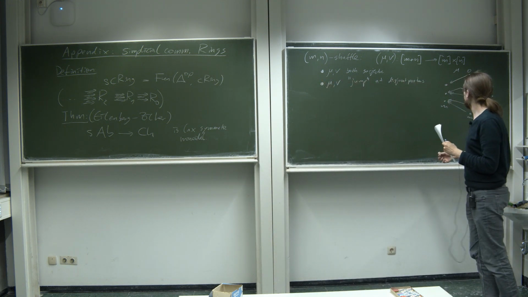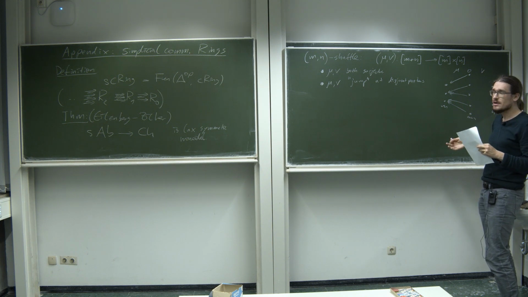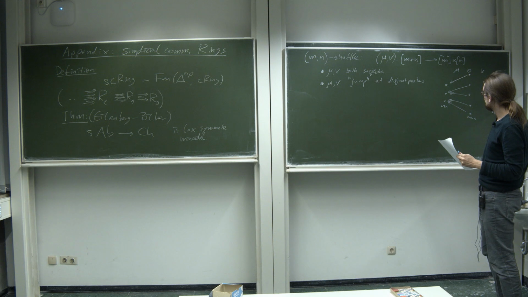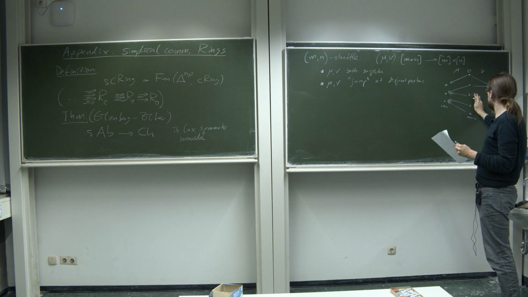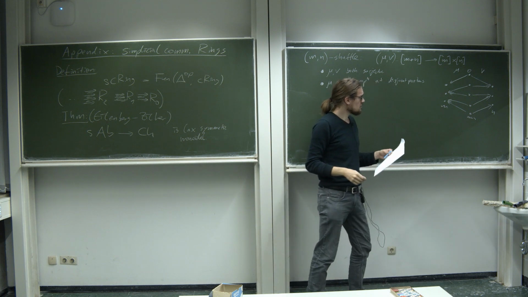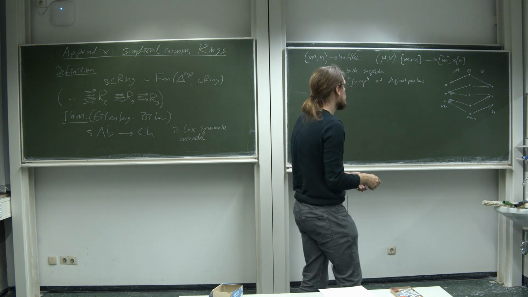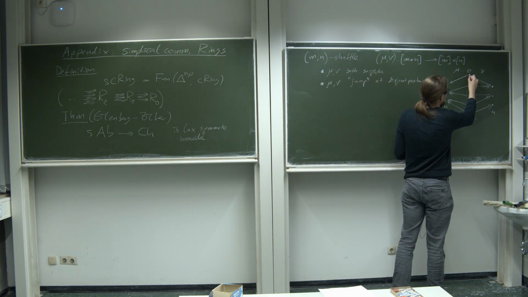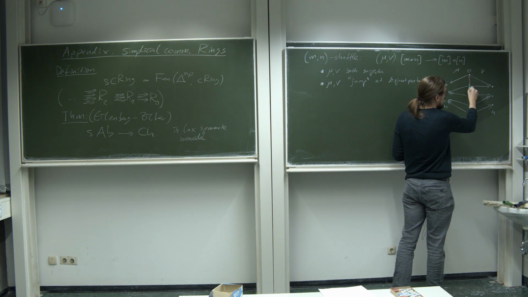Note that mu jumps precisely at these 2 positions. So what would nu look like? Well, nu also has to jump at 2 positions, so it has to jump at the 2 other positions. So nu, in order to give us a shuffle, needs to do this. And now if we draw in at which positions these numbers jump, well then let's draw the positions where mu jumps in red, and let's draw the positions where nu jumps in blue.